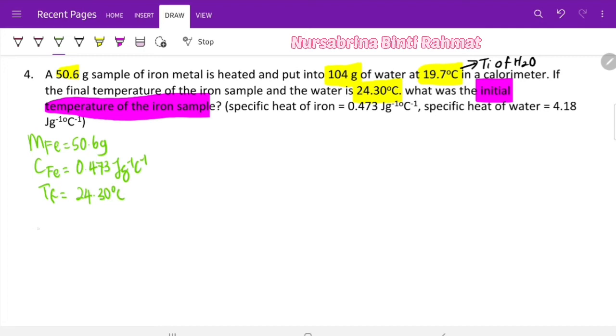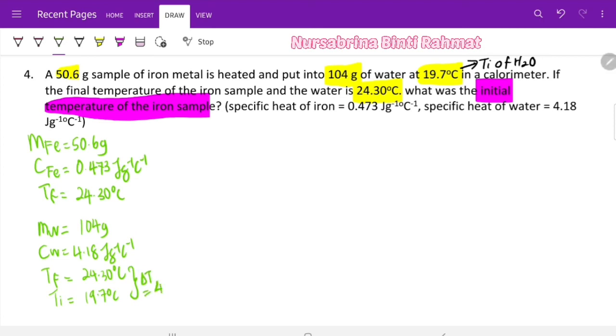As for your water, the mass of your water is 104 gram, the specific heat capacity of water is 4.18 joule per gram per Celsius, and the temperature final of your water is 24.30 degrees Celsius, whereas the temperature initial of your water is 19.7 degrees Celsius. So from here you can calculate delta T, which is equal to 4.6 degrees Celsius.